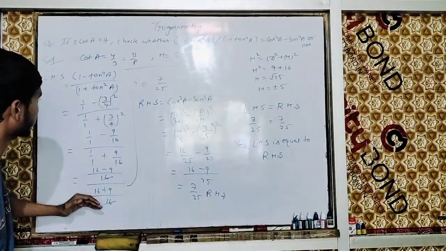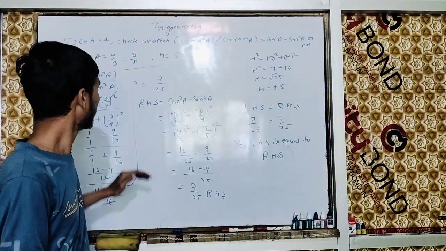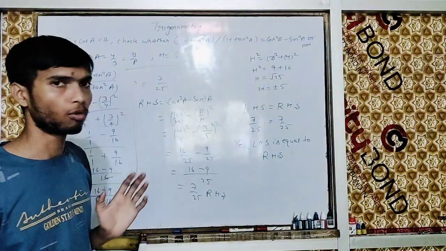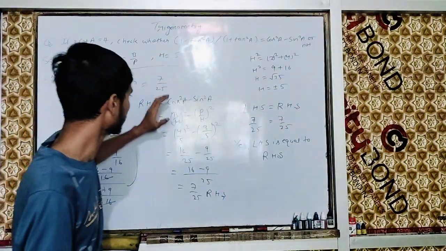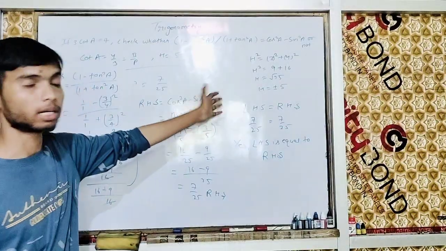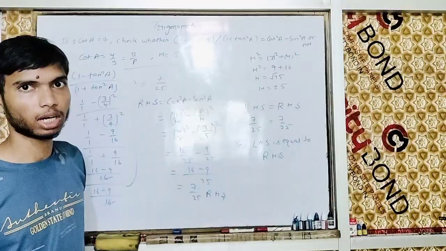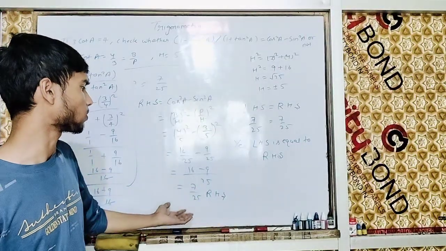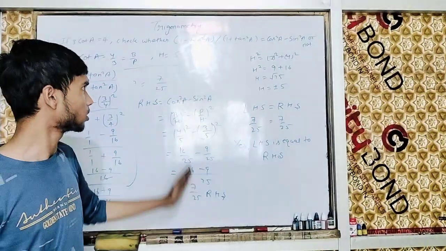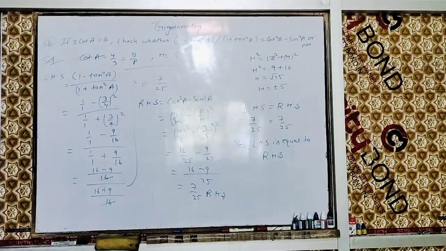Then after simplifying this, we got this answer. After LHS is complete, we moved towards the RHS. Then here we saw the ratio of cos and ratio of sin. After substituting the values of these fractions and simplifying, you can see we got this. And here you can see this is equal to this. That's why both are equal.